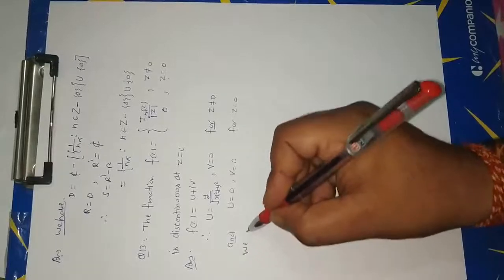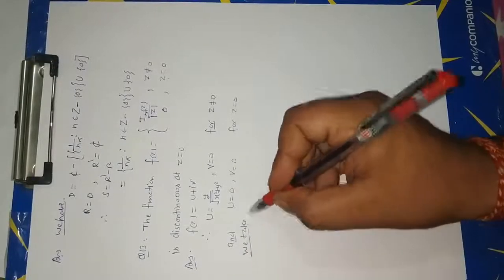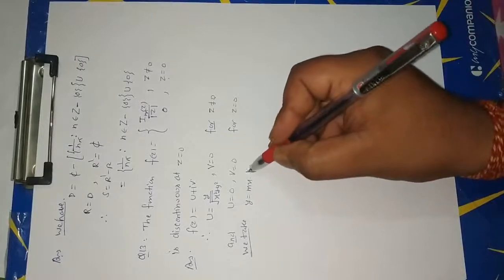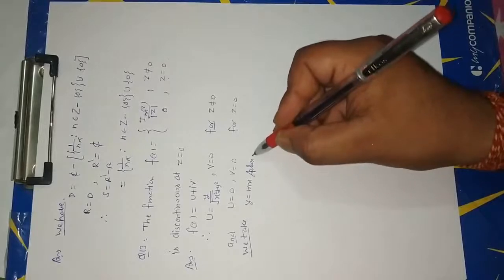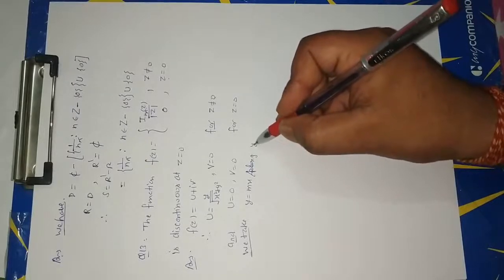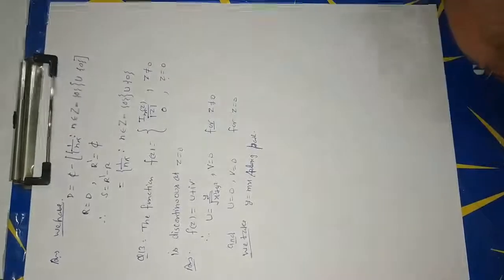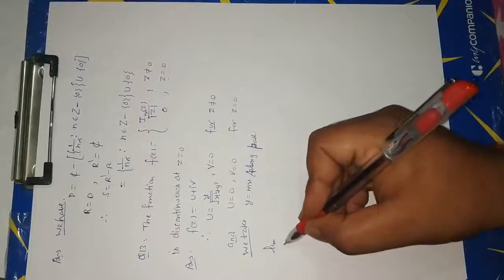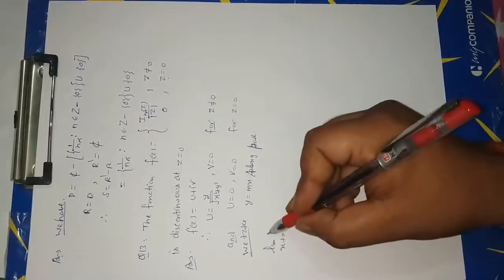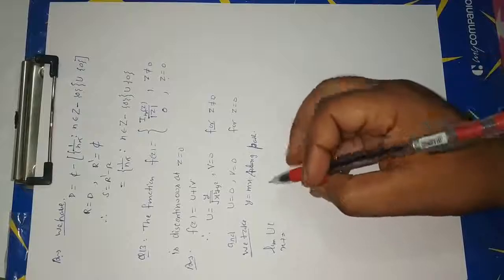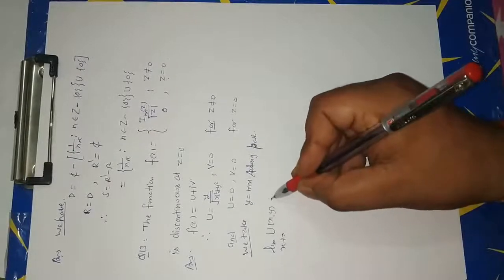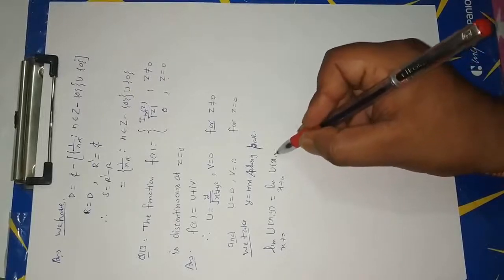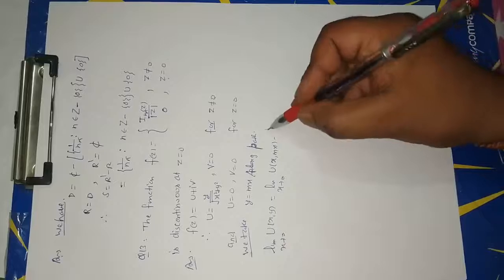Now we take the path y equal to m x. Along y equal to m x, taking limit x tending to 0, u of (x, y) is equal to limit x tending to 0 of u (x, m x).